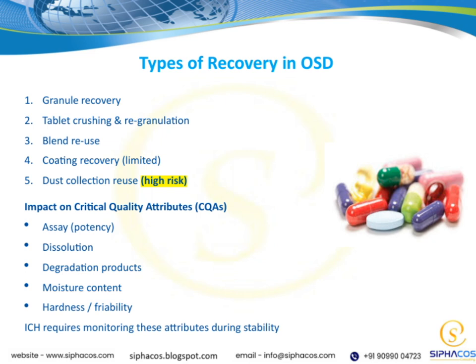Degradation products can increase if the material is exposed to conditions that promote instability. Moisture content can also be influenced, which in turn impacts stability and shelf life. Hardness and friability are important too. If the recovered material affects the physical strength of the tablet, it could lead to breakage or compromised integrity.